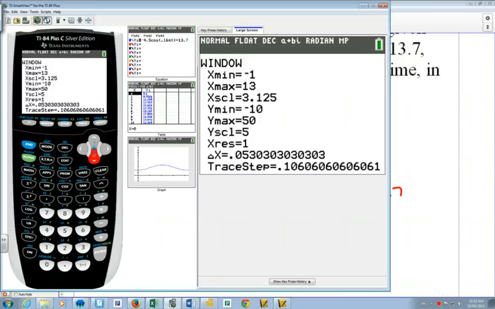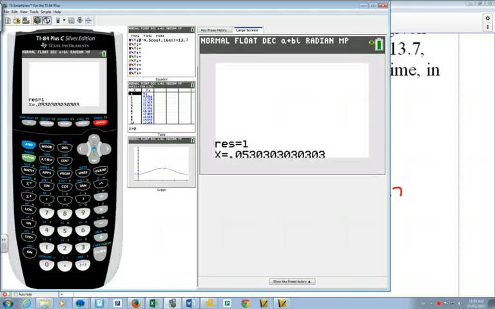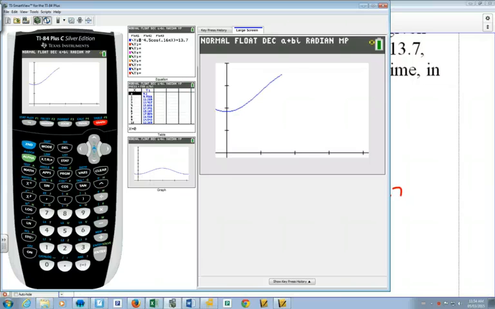For my y, I'm going to go from -1. We go up to 18.2, so I'll go just a little bit more, up to 20. My y scale, I'll keep it at 5. And there's the graph, almost identical to what we graphed to begin with.